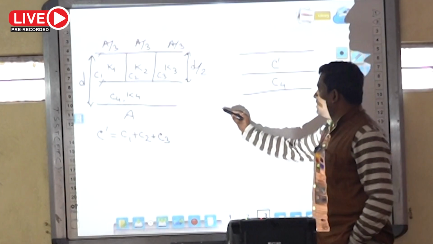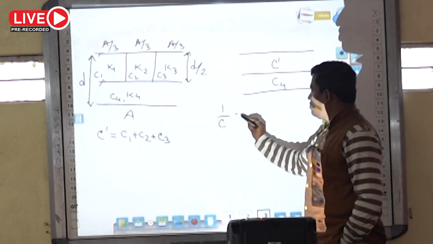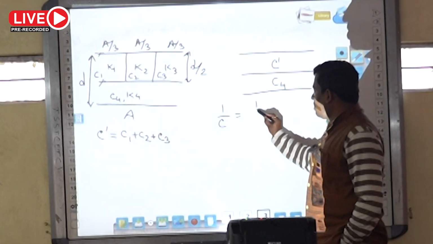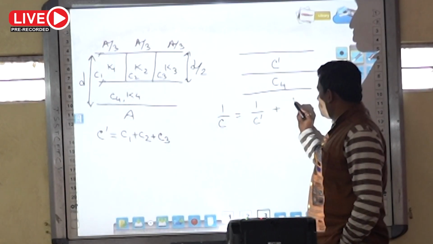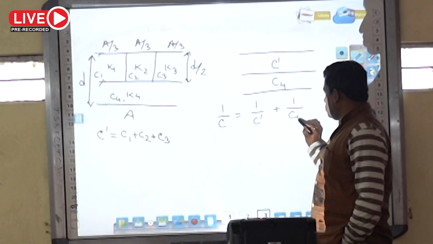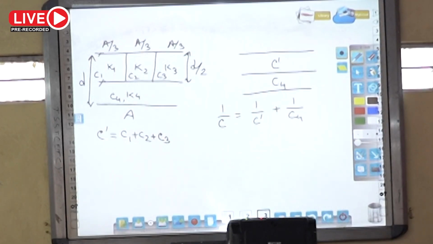So their equivalent will be 1 by C equal to 1 by C prime plus 1 by C4. Clear? 1 by C prime plus 1 by C4.